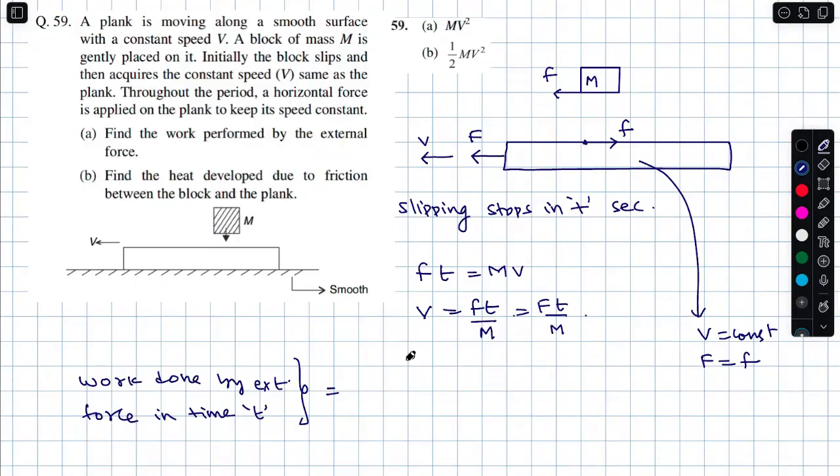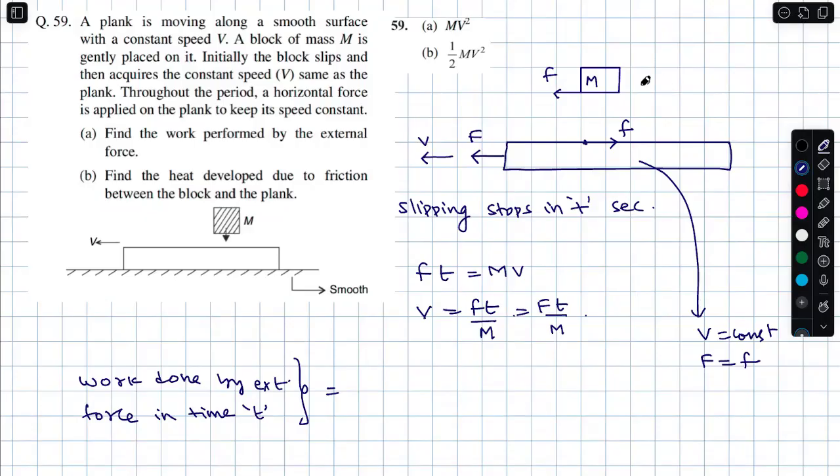See, this can be written literally. What is the work done by the external force.